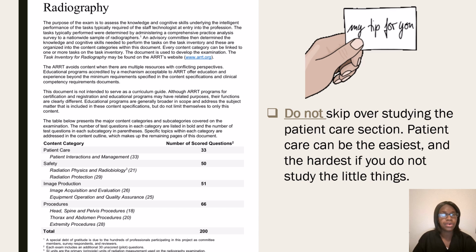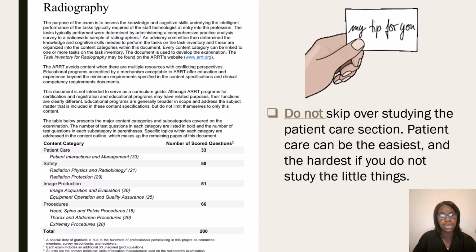This is the ARRT outline. I am following the ARRT content specification since I do have my X-ray certification or radiology technologist through them. So on their exam, it's going to be about 33 questions under patient care. We are still talking about patient care. This is part 2.